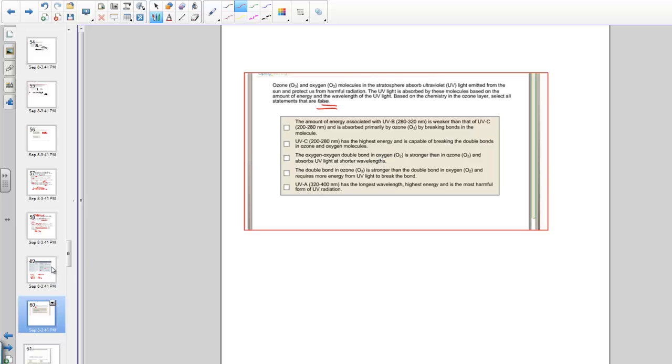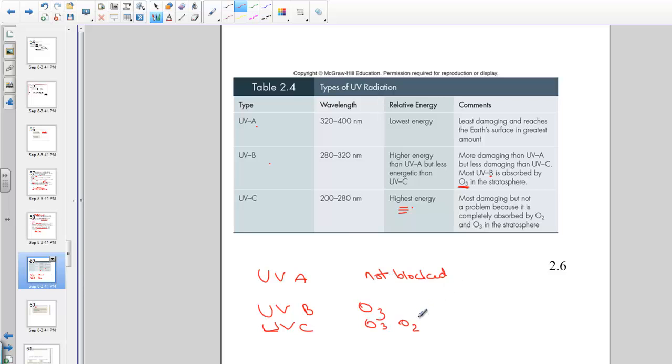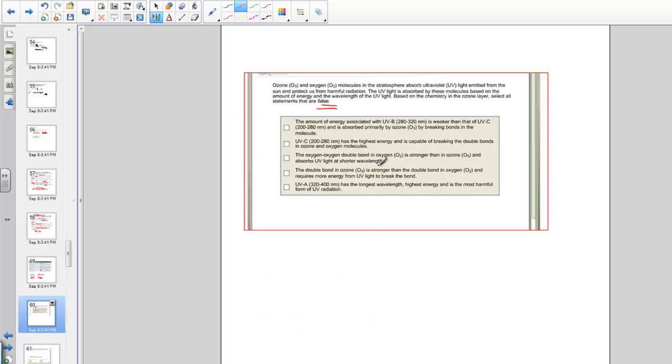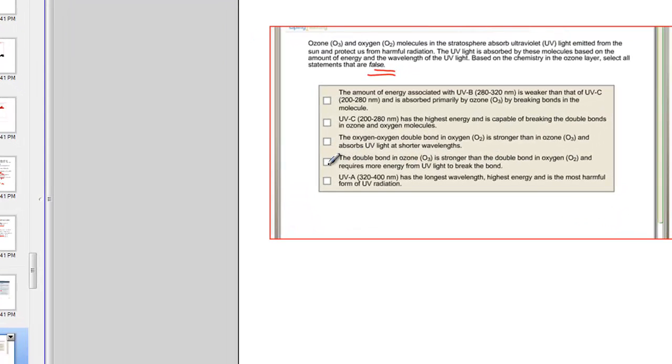That is true, because look, oxygen is only working in the very strong UVC range. It's a stronger bond and therefore able to tackle that high energy. The double bond in ozone is stronger than the double bond in oxygen and requires more energy from UV light to break the bond. That is the exact opposite of what we just determined to be true here.